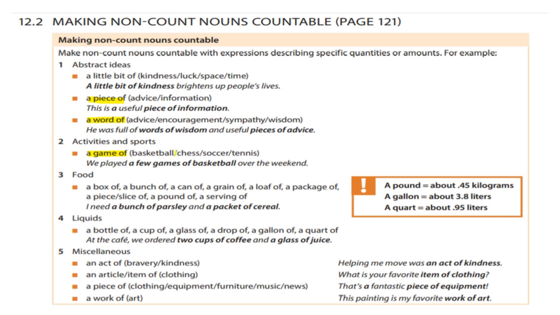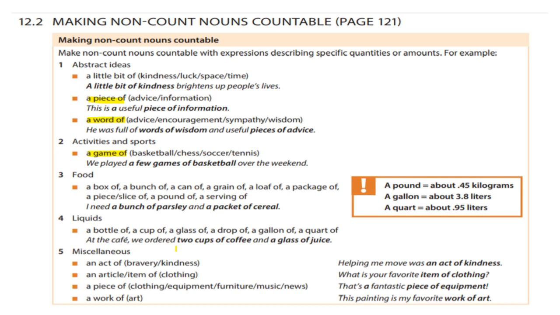And for liquids like coffee, juice, water, there are a lot of words you can use as well. It depends on which container you put it in. Like if you put water in a bottle, you can say a bottle of water, 3 bottles of water, a cup of coffee, 2 cups of coffee, a glass of juice, 5 glasses of juice.